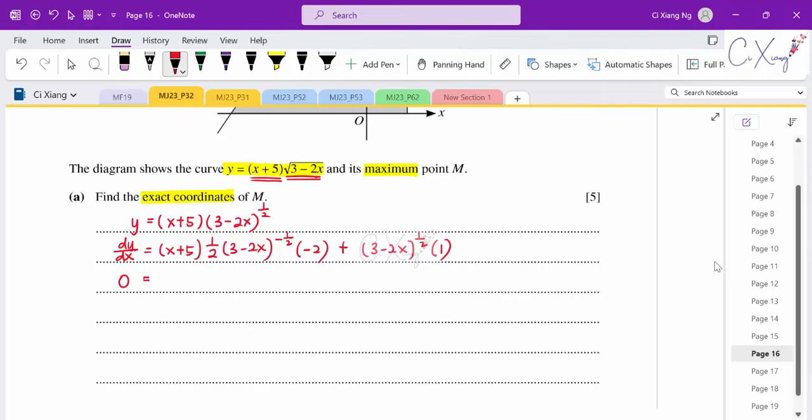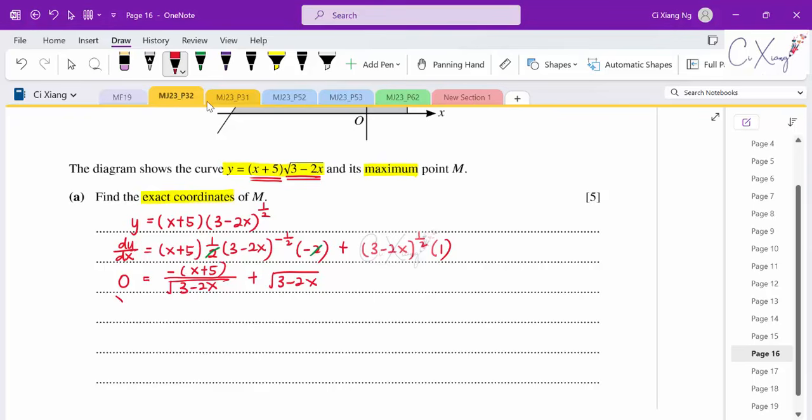Okay, so if I let dy dx equals to 0 and I try to simplify all the terms here, the 2 and negative 2 can be cancelled off. So I'm having negative x plus 5 divided by square root of 3 minus 2x. Okay, therefore you are having the square root of 3 minus 2x.